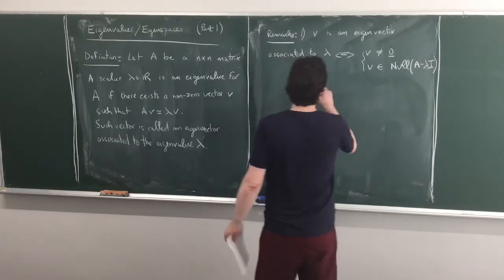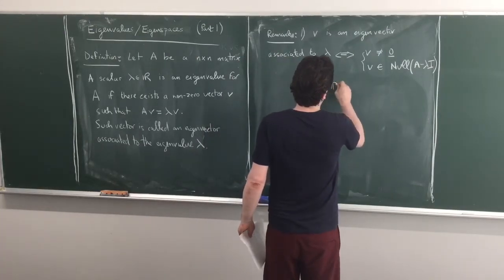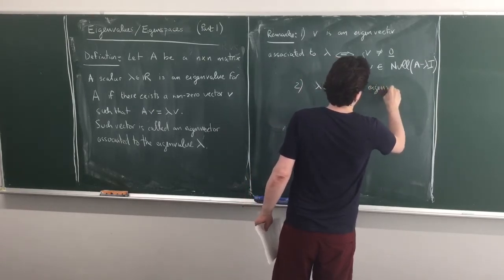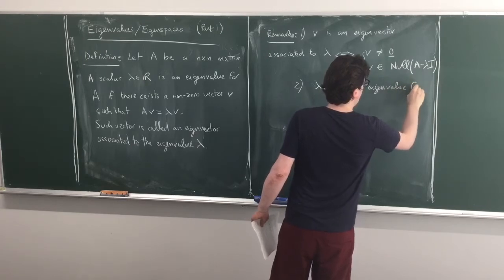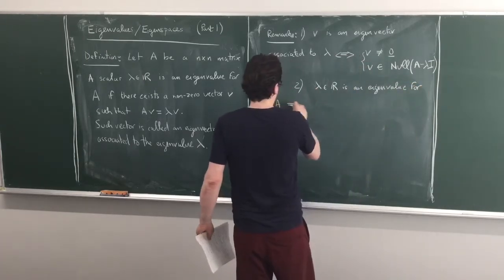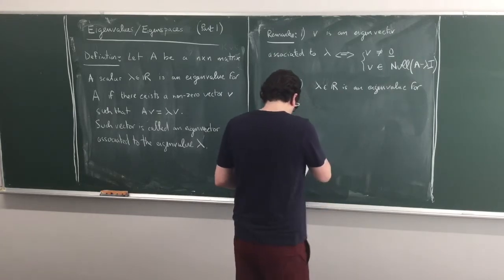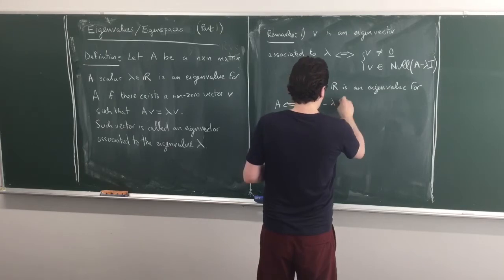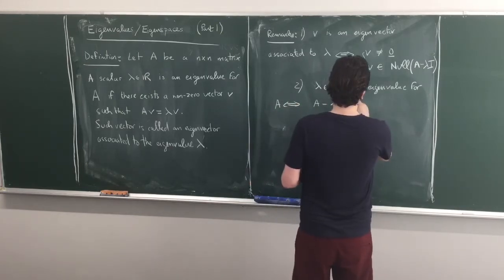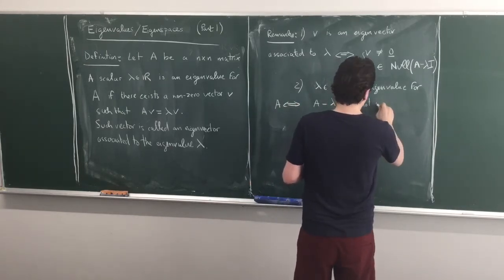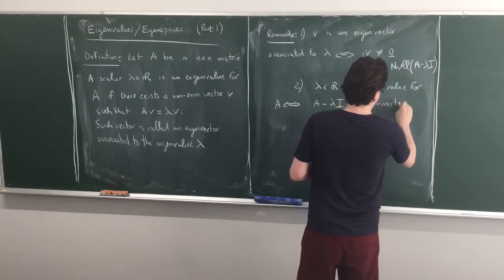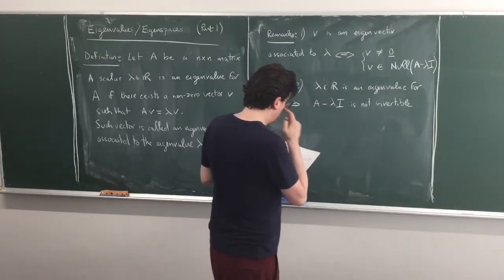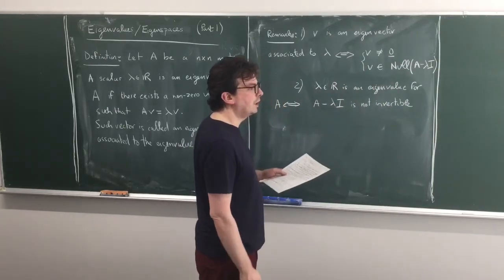Now I would like to make a remark 2, is that lambda, a scalar, is an eigenvalue for A if and only if the matrix A minus lambda identity is not invertible. Not invertible means there is more than one solution, okay?